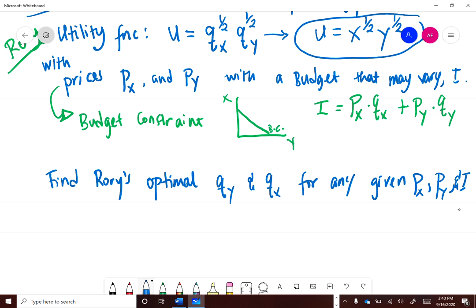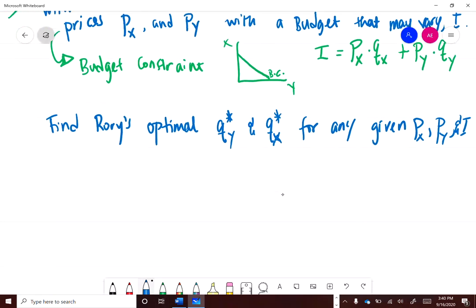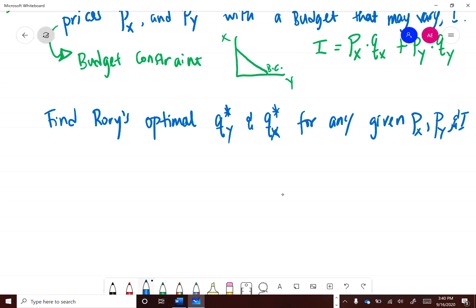Right, once we know the income level, or her budget, or the price of good X or good Y, we'll be able to determine right away that Rory is going to get QY star. Rory's going to get QX star. Now I know this is a little bit abstract, but please follow here.